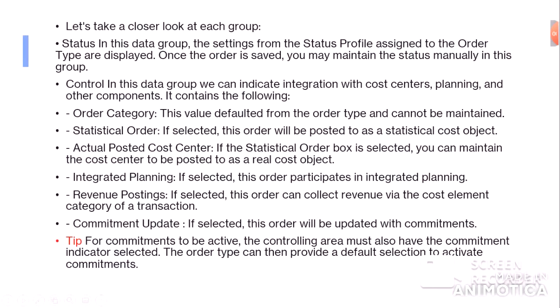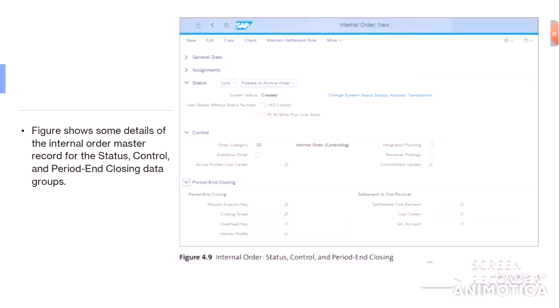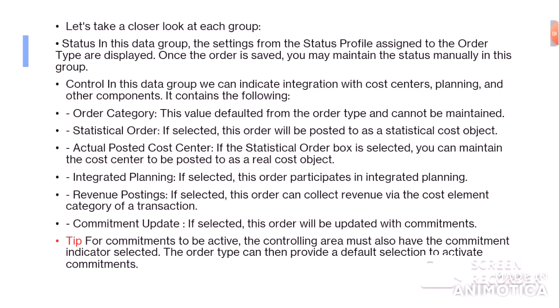If selected, this order participates in integrated planning. Revenue postings. If we select this, the order can collect revenue via the cost element category of a transaction. And commitment update. If selected, this order will be updated with commitments.